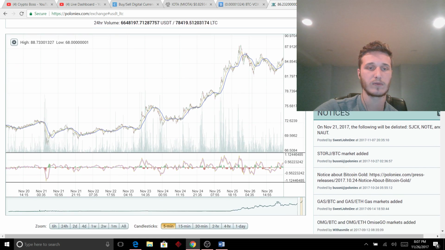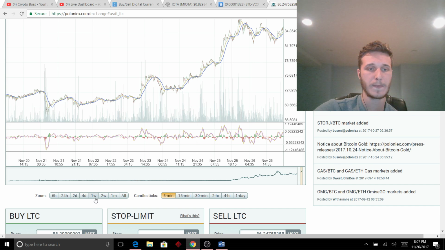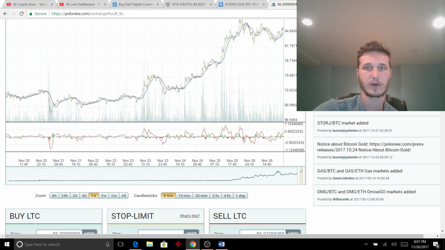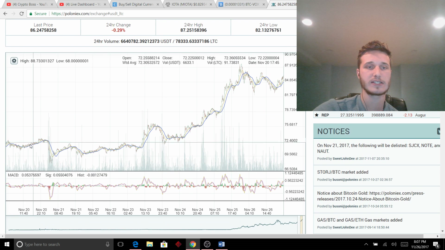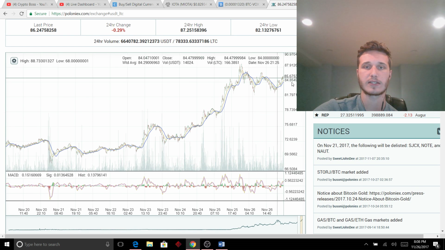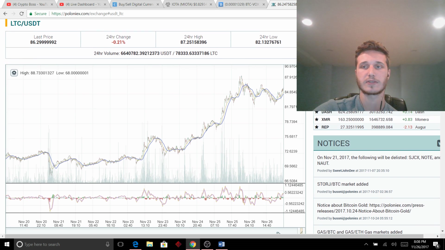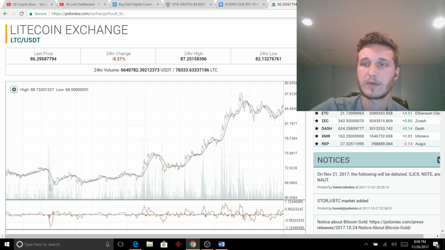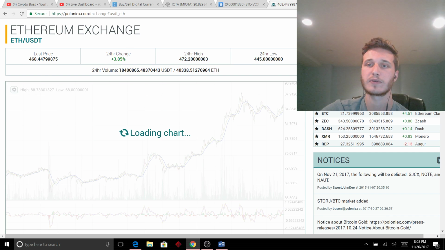So this is, I think, the week chart. Yeah, this is 1 week. So it's still going up. Just today, it's not going up as much. And that's because it was up here. Or I think that's like a day ago. So it's down 0.27%, which is pretty much irrelevant. Now it's 0.21%. Ethereum's up 3.85% today.